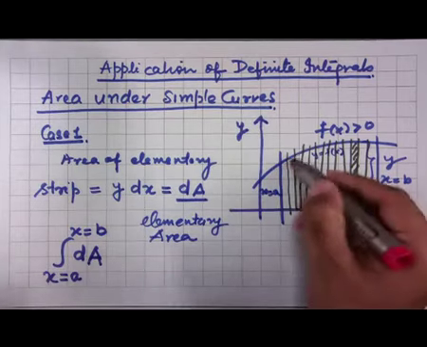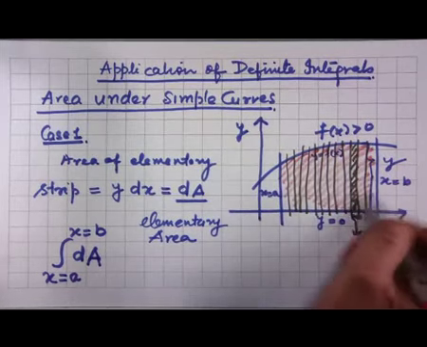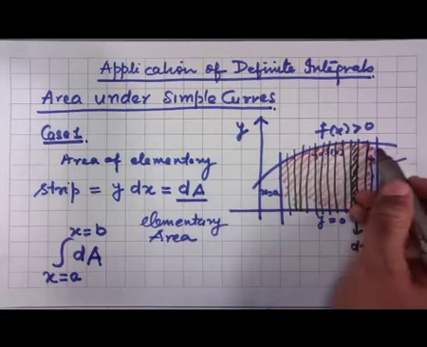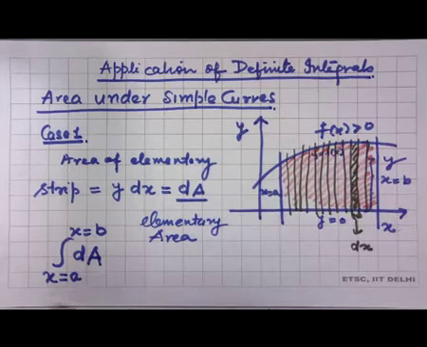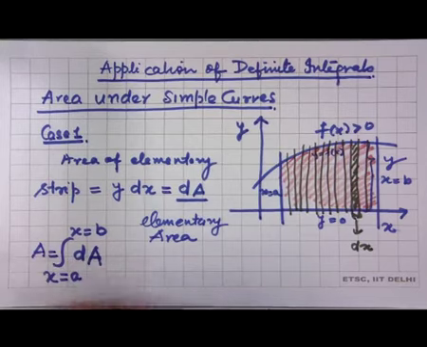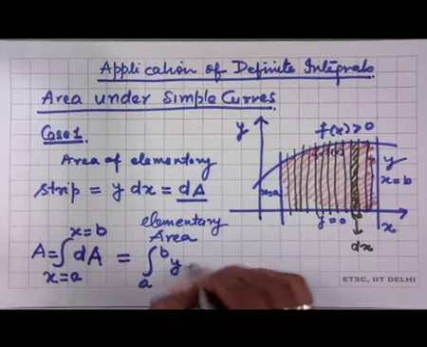Let me shade it. So it will give you the required area which is bounded between 4 curves f(x), x equals to a, x equals to b and y equals to 0. So this will give you the required area A. So formula is integral a to b y dx.